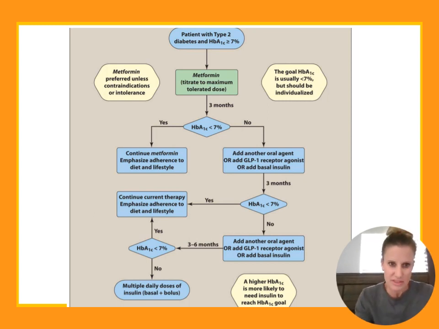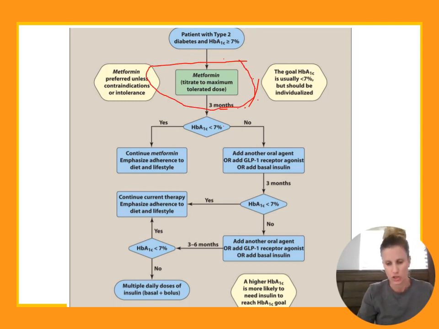Now, to begin with, we generally will start a patient on metformin, and we titrate that metformin up to the maximum tolerated dose. So metformin is generally our go-to first drug that we use for patients with type 2 diabetes.